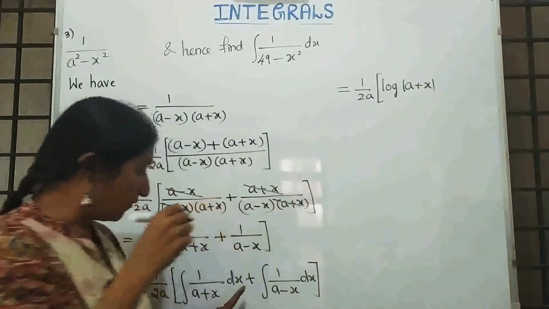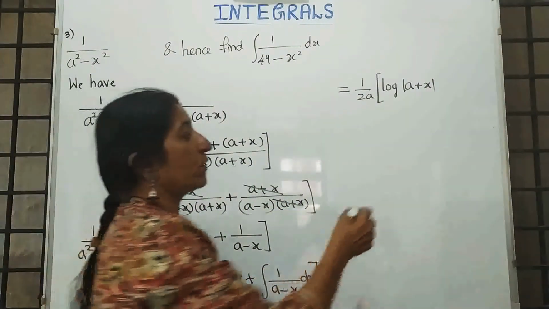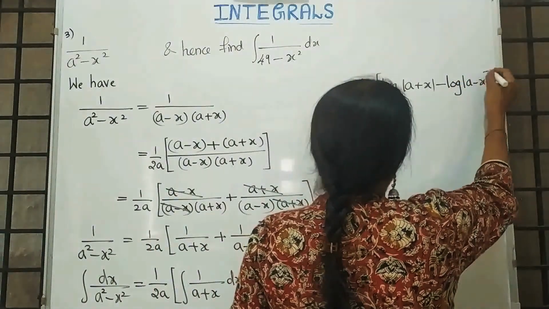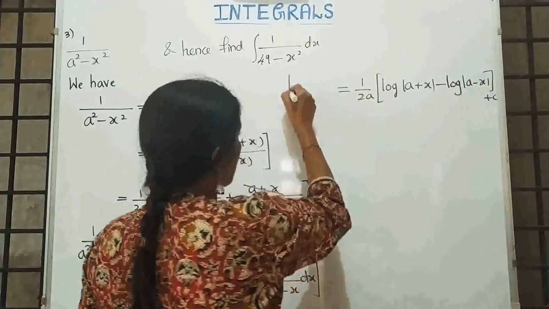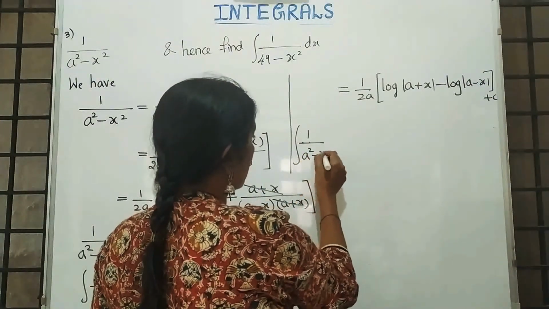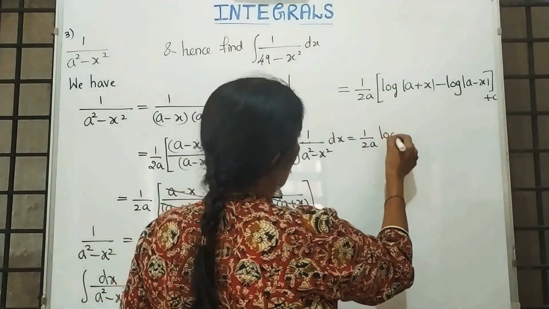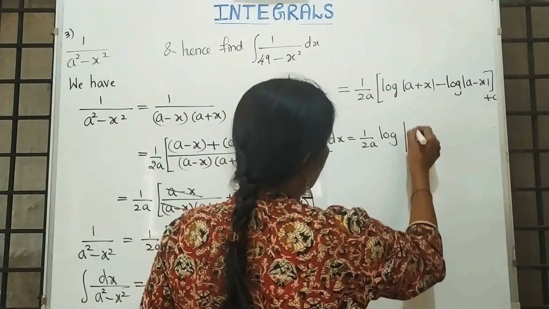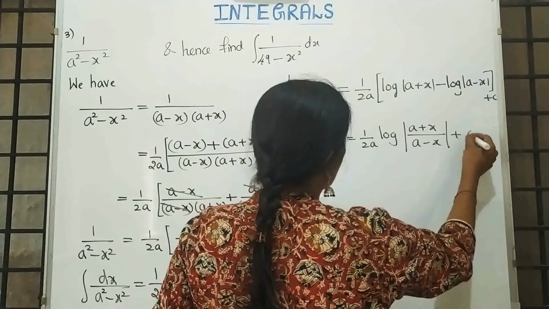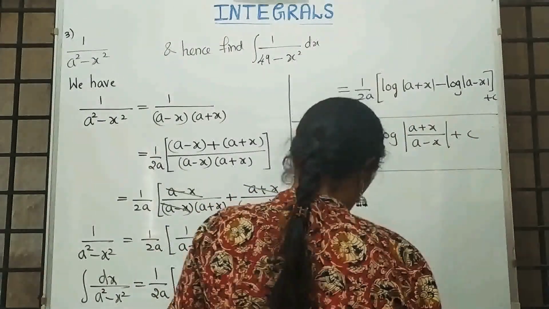But here, even though it has a plus, the x coefficient is minus. That's why it is minus of log a minus x plus c. So 1 upon a square minus x square into dx is 1 by 2a log, log m minus log n, is a plus x upon a minus x plus c. This is the formula, third formula.